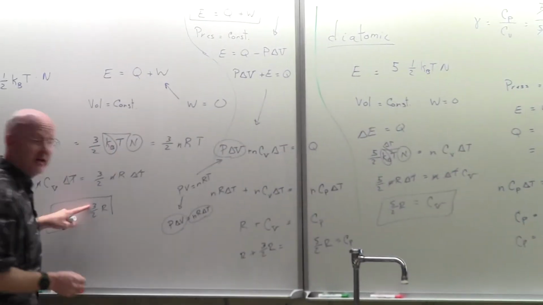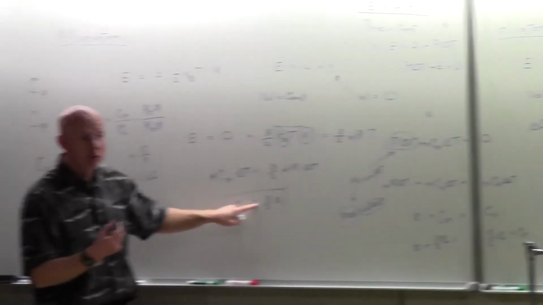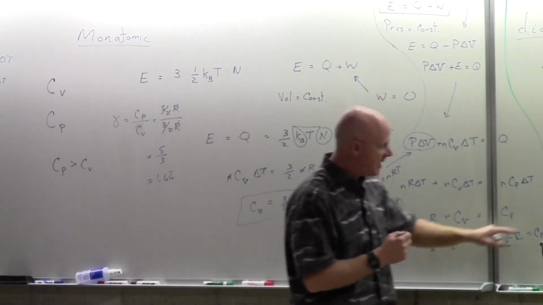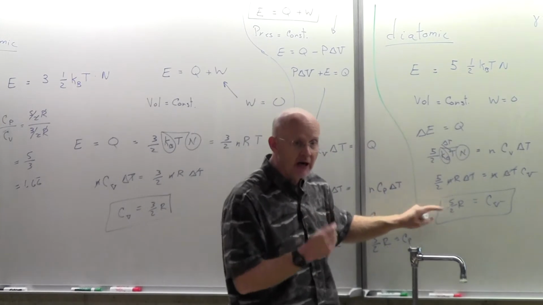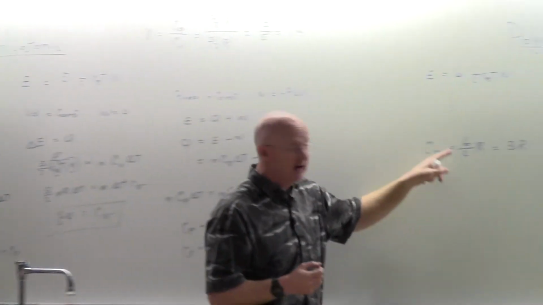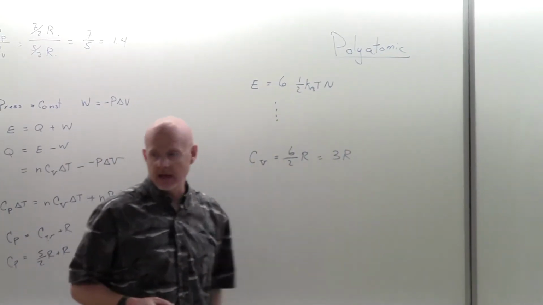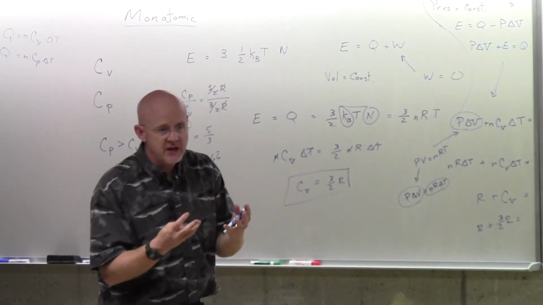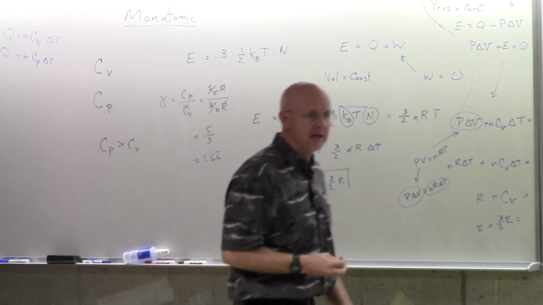How many degrees of freedom did I have here? 3. How many degrees of freedom did I have here? 5. How many degrees of freedom do I have here? 6. And it allows me to think about what is CV. And then once I know what CV is, I can always add an R to it to get CP.